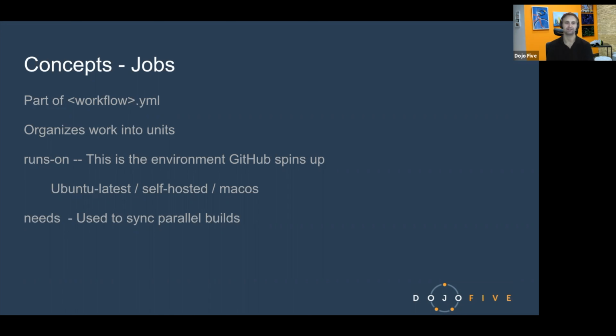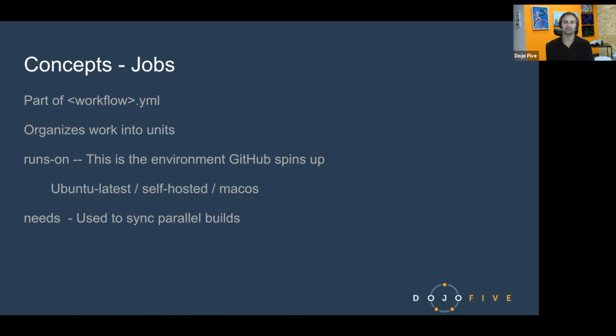So you have to decide, is this job going to be hosted on macOS? Is it going to be hosted on Ubuntu? Is it going to be hosted on Windows? Or something called self-hosted, which we'll get into later, which allows you to run your own runner independently on your own hardware, which especially in embedded is a useful ability.